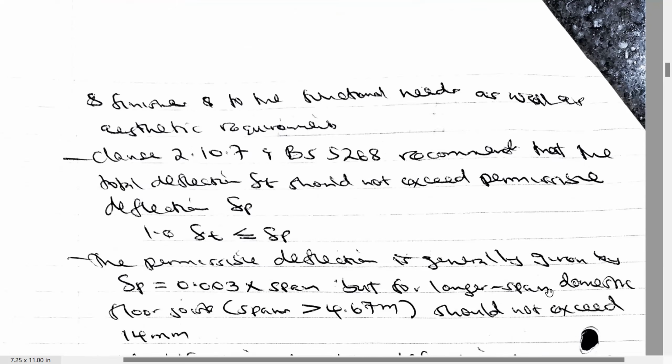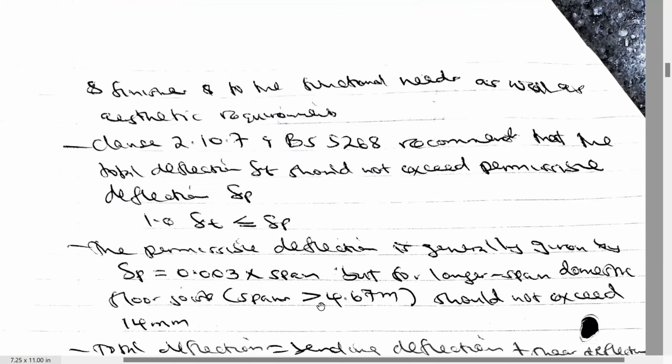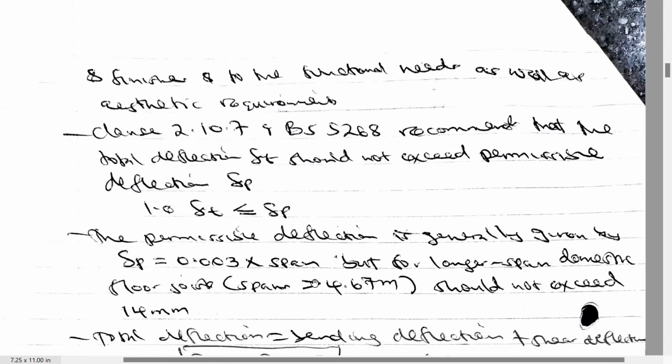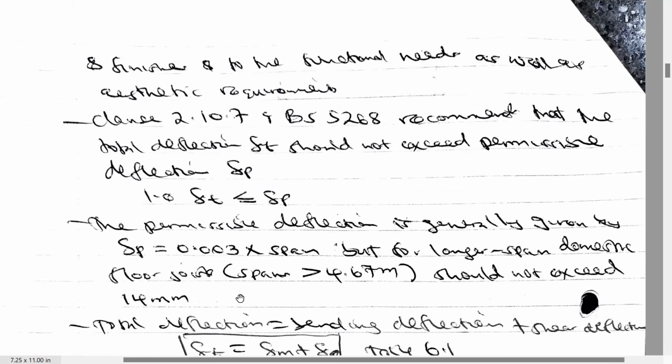But for longer span domestic floor joist, if now your spans are more than 4.67 meters, you now restrict it to a maximum of 14 millimeters. You don't use this formula. If the span is more than 4.67, now your permissible should be 14 millimeters and not 0.003 times span.